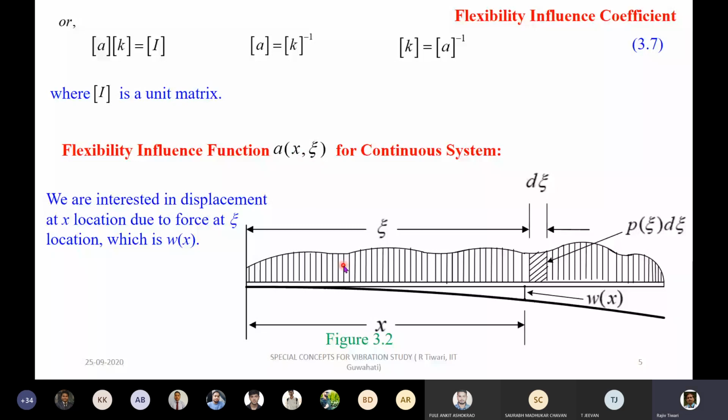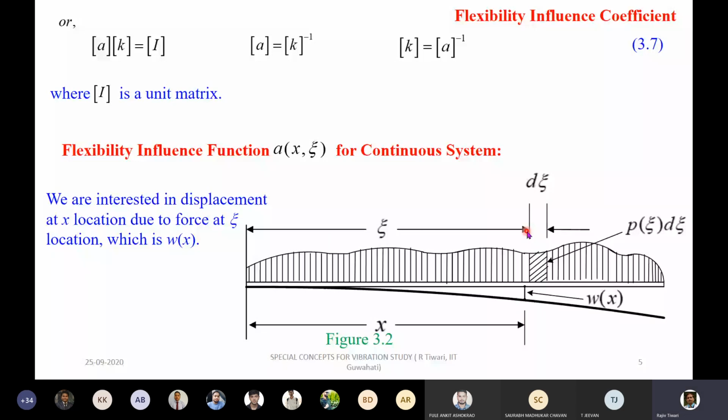Let us say there is a cantilever beam having some distribution of load on it. Now we have two locations. One is the location on the beam, x, where we want to find the displacement w(x). So we want to find the displacement at x because of what force? A force which is there at the xi location.